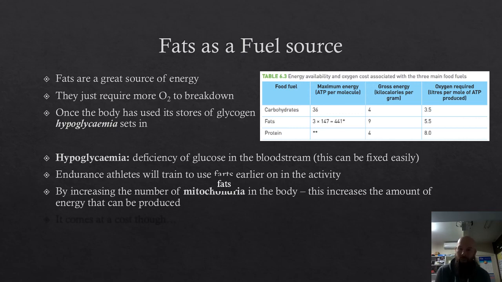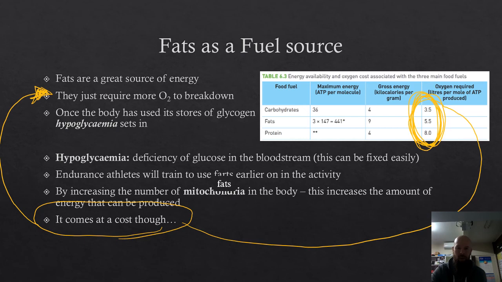By increasing the number of mitochondria in the body, it increases the amount of energy that can be produced, which is essentially what we're doing when we undertake our aerobic training. The trouble is that fats come at a cost.